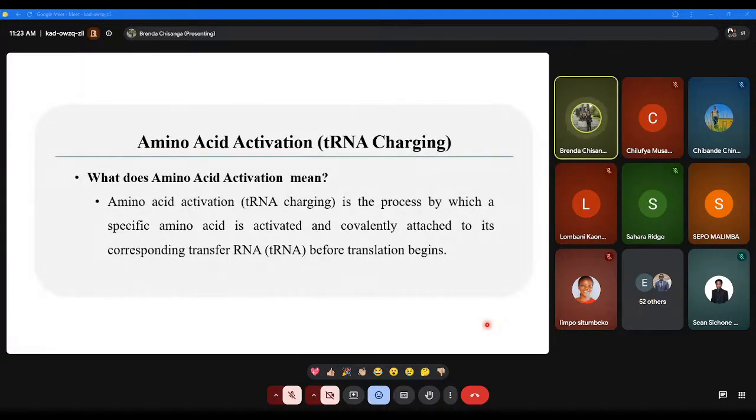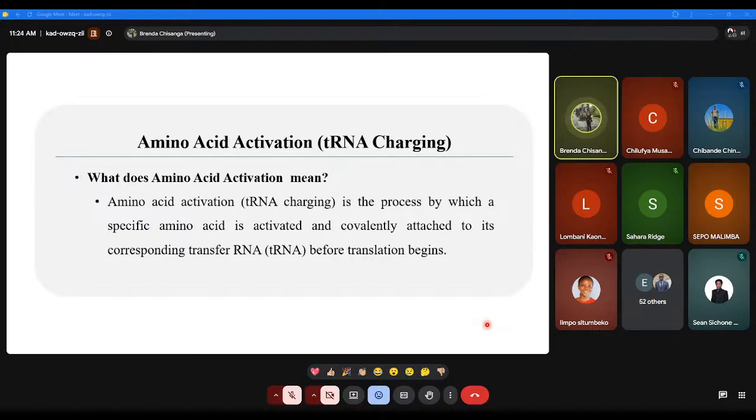What is amino acid activation? Sometimes it is referred to as tRNA charging. This is a process by which a specific amino acid is selected from the cytoplasm, where it exists in a pool of other amino acids, and it is covalently attached to the tRNA before translation begins.